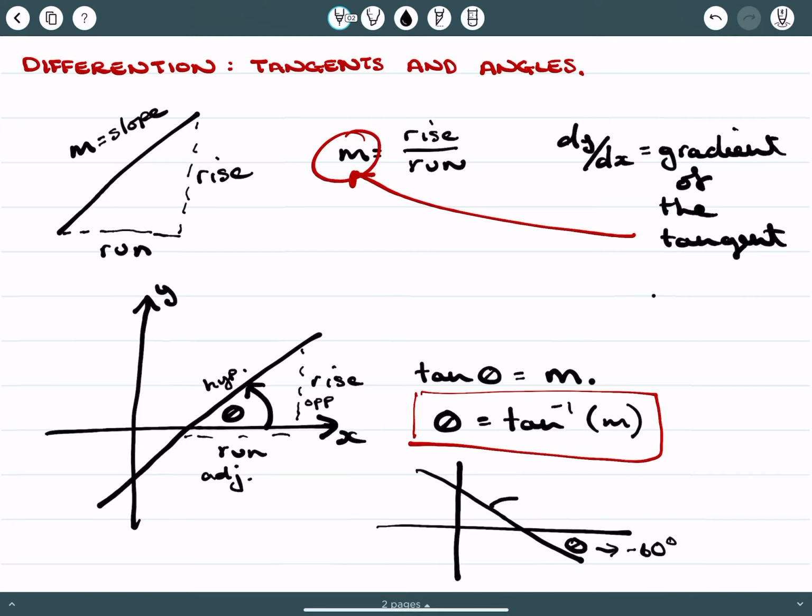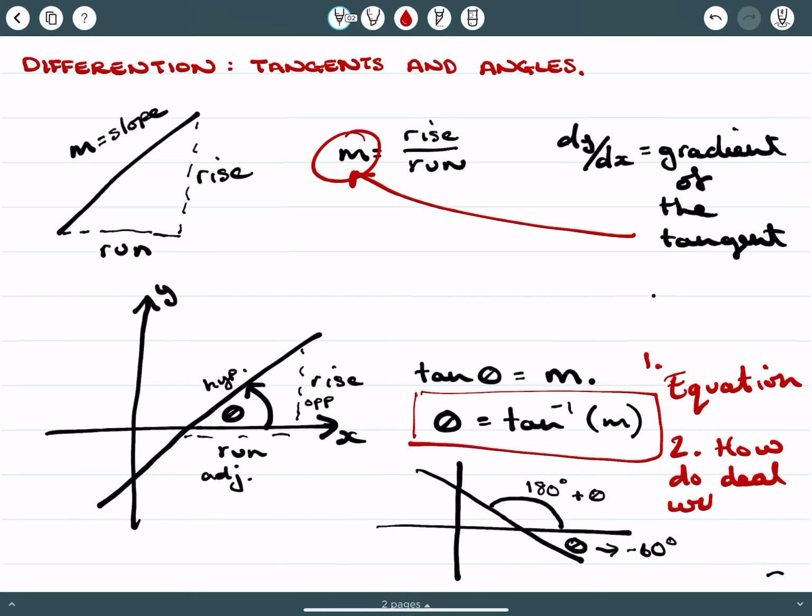We can find what the angle is here by saying that's 180 degrees minus, or plus, that theta, because that would be negative 60 degrees. So you need to be aware of two things. One, this equation, you must be aware of that. And two, how to deal with negative gradients.